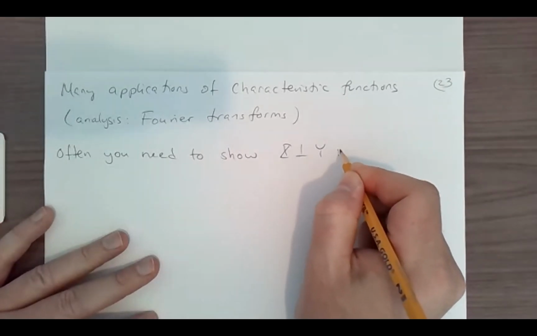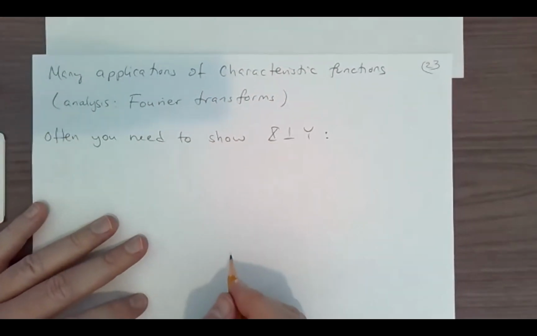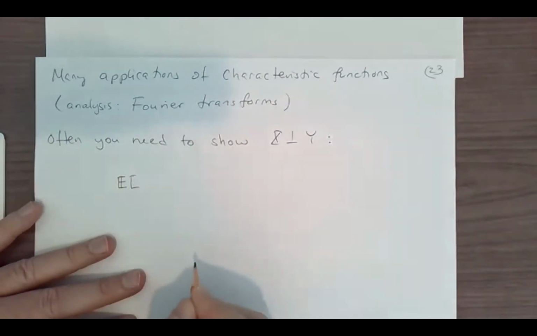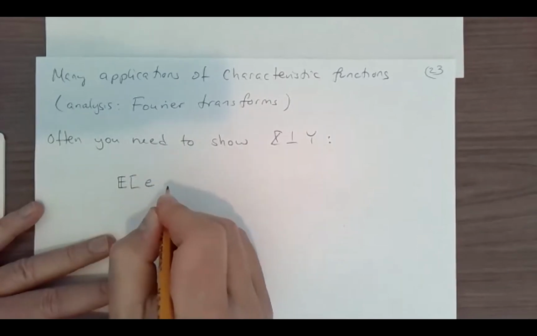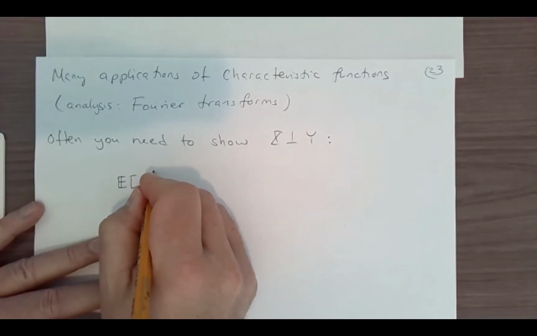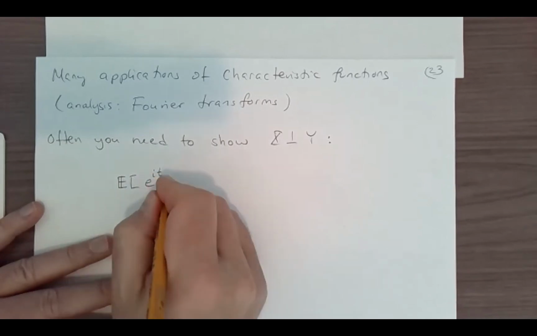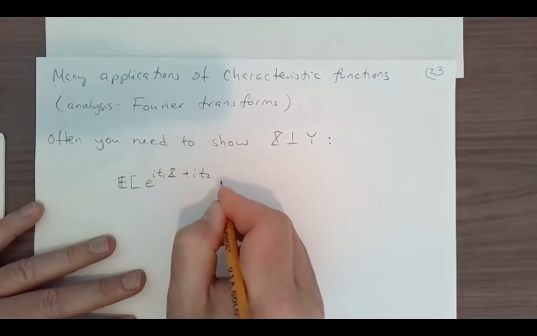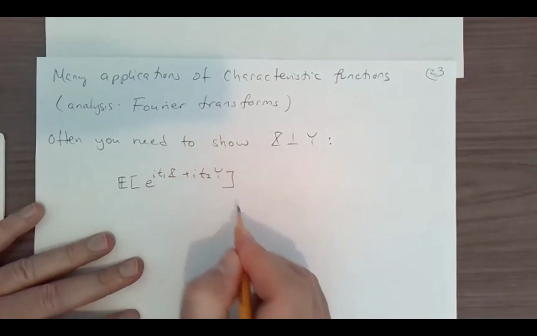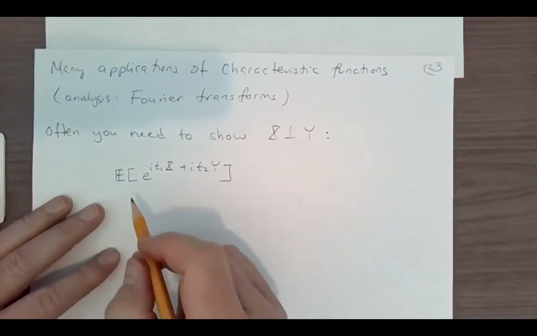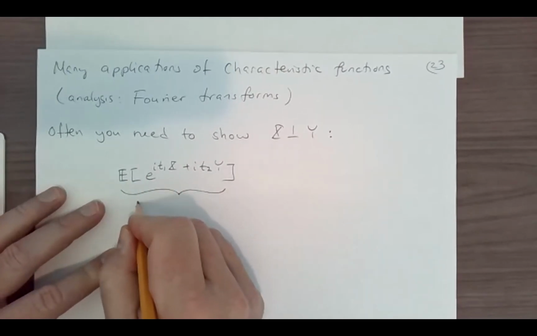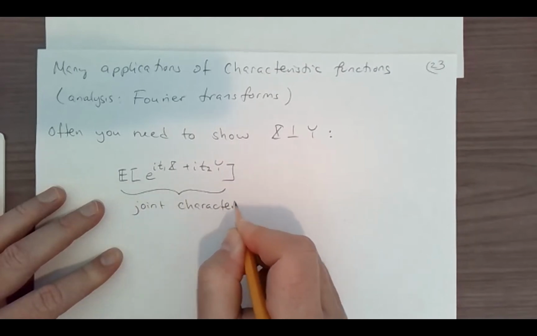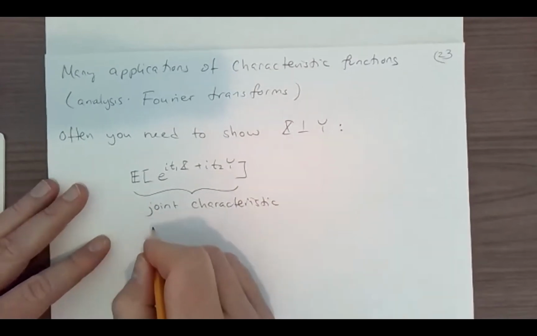So you can also use characteristic functions to do that. The way to do it is to look at E of e to the I, say T1 times X, plus I T2 times Y. This is the joint characteristic function.